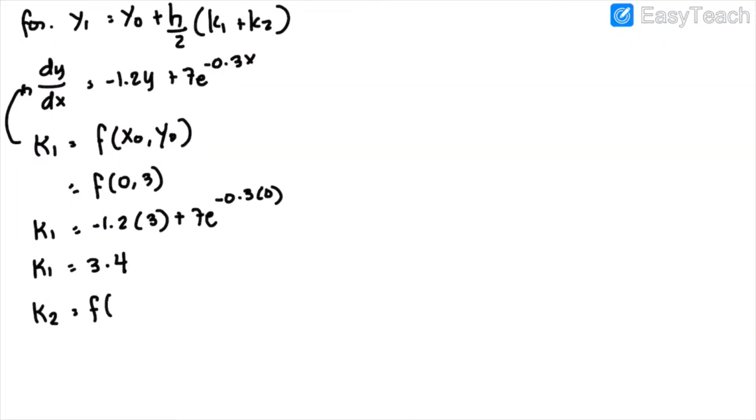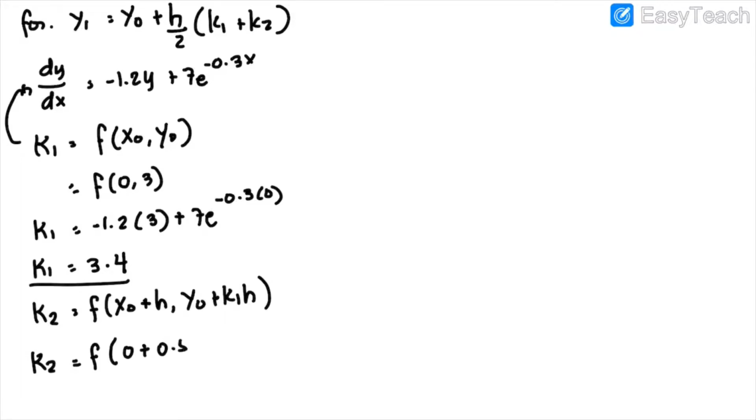Let's substitute all the known values. x naught was identified as 0 plus the step size of 0.5, and y naught is 3 plus k1 of 3.4 times the step size of 0.5.